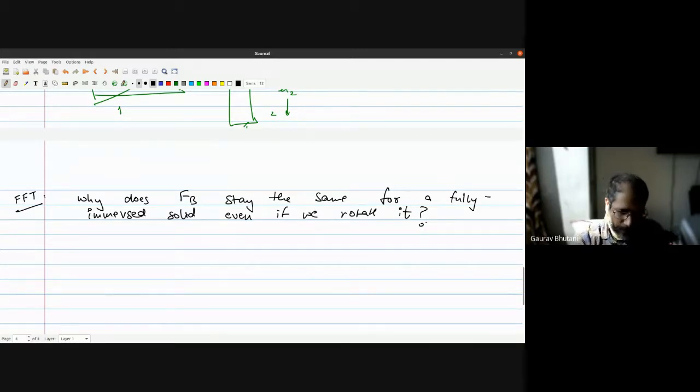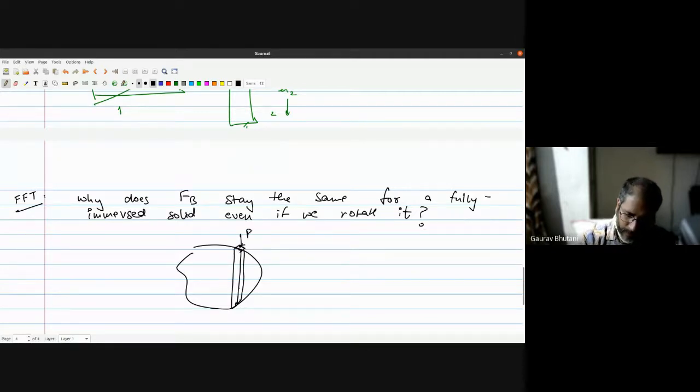Now, if you have an arbitrary shaped body, what you can do is take sort of these volume strips. Then you'll have P1 here times this small area d gamma, and below you have P2 times d gamma.